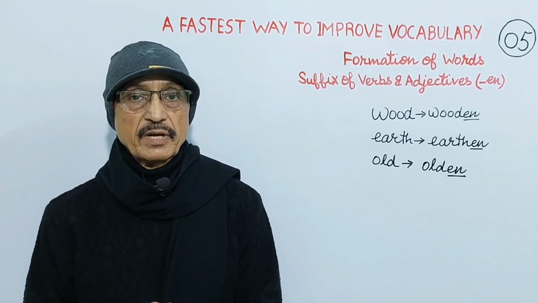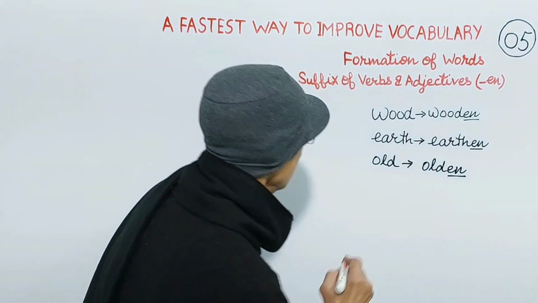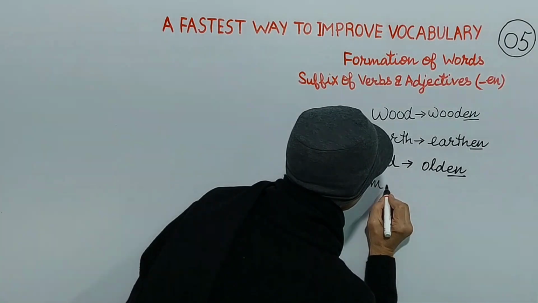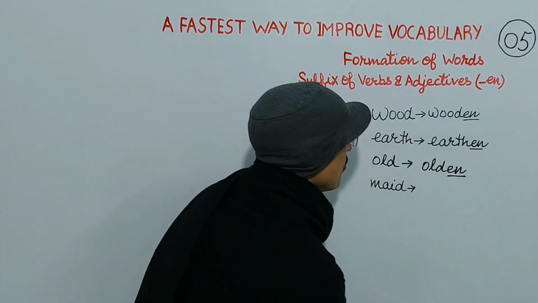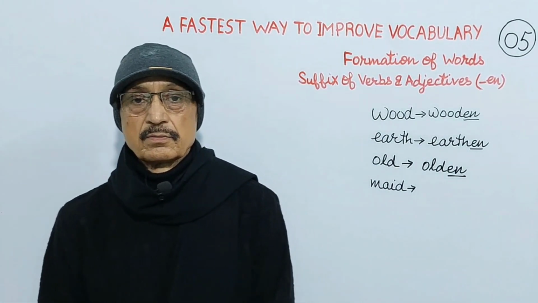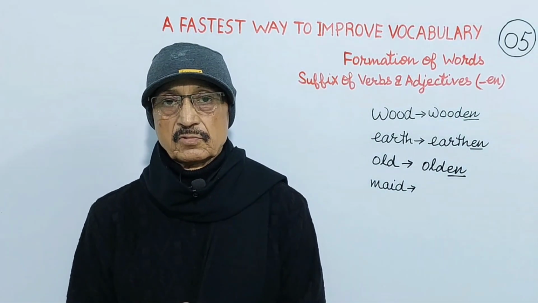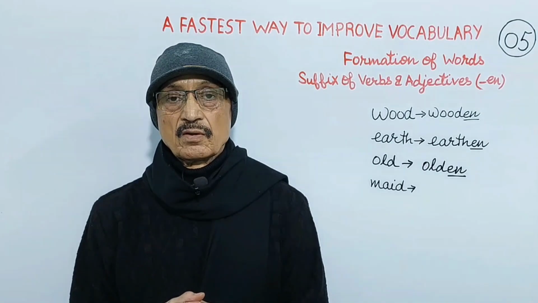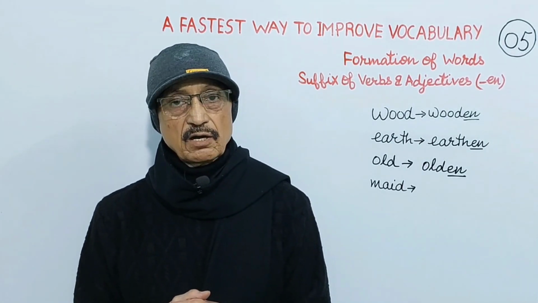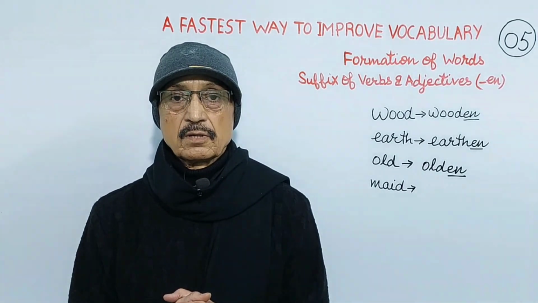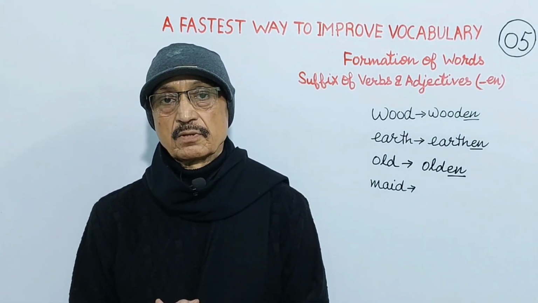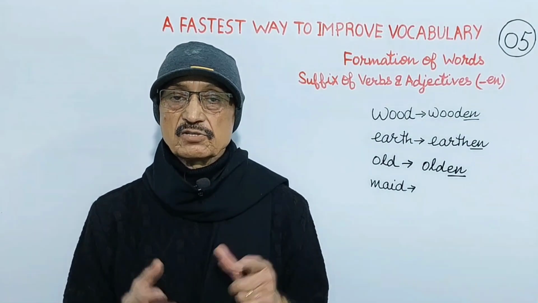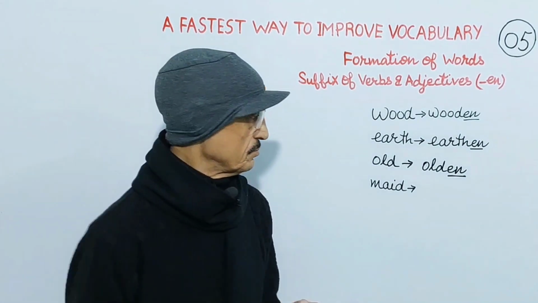Next is maid. Maid. This is a noun, woman servant. When we add suffix en after it, it becomes maiden. Maiden is an adjective as well as a noun.